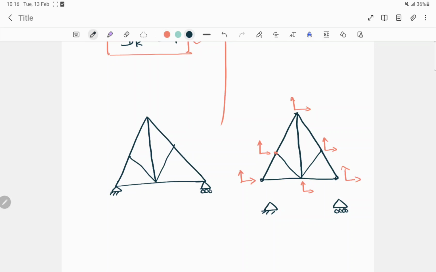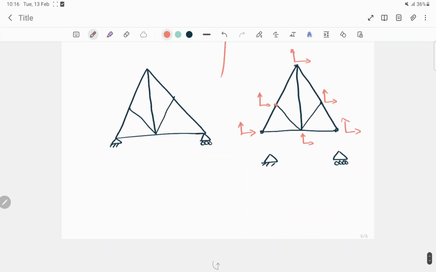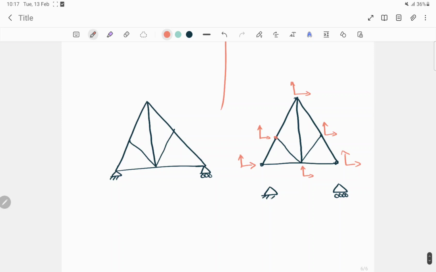Now we know that in case of the hinge support we have two unknown reactions, along the x and the y direction, and in case of roller support there is only one unknown reaction. This support is here, and this support is also here.